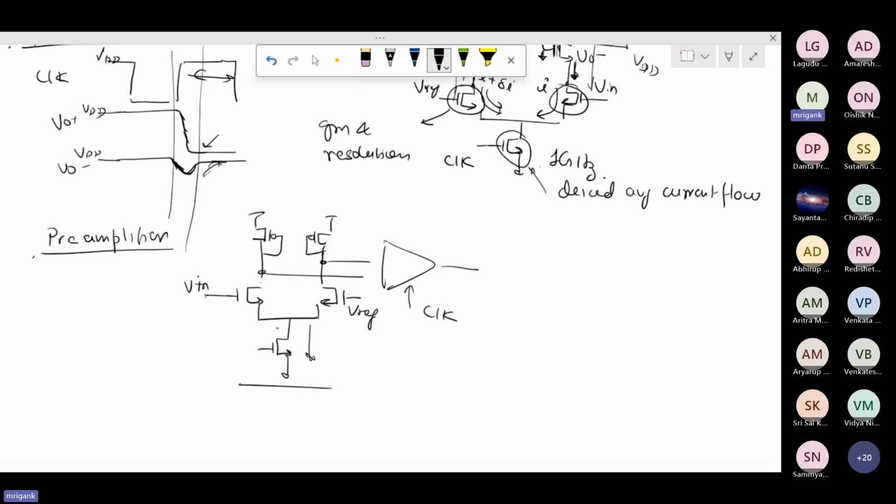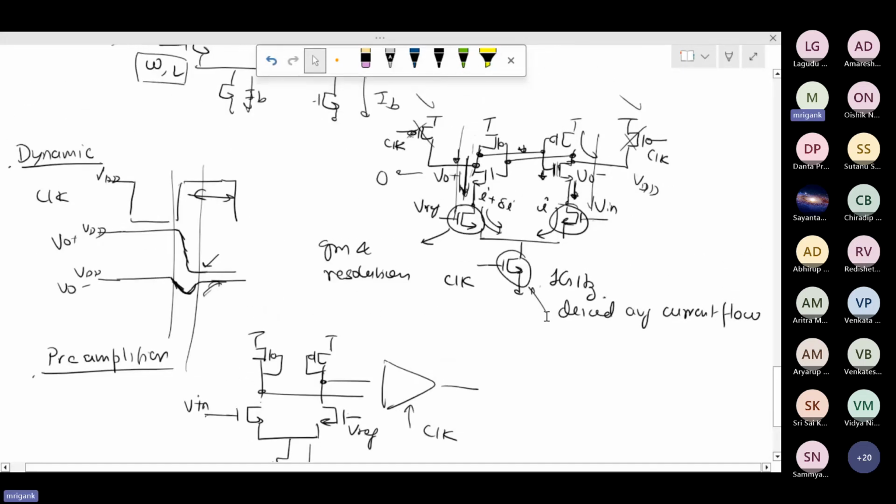Now, if you use the pre-amplifier, or even if we don't use it, what will be the voltage range for which it will be able to work? So does this comparator work for all signal levels, 0 to VDD? Where will it have a problem? Yes, you guys are listening?